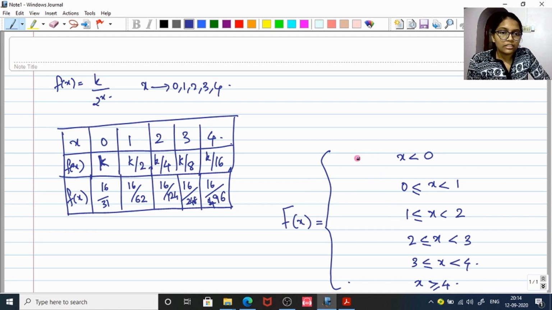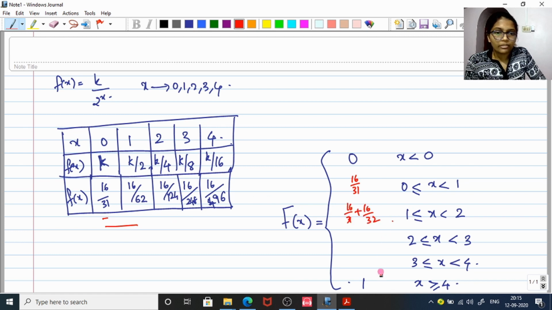How to write it: definitely the first row and last row is defined. First one will be 0 and last one will be 1. And in between we have 4 values. So you have to take this value 16 by 31 and write over here. In the next set you have to add these two, 16 by 31 plus 16 by 62.